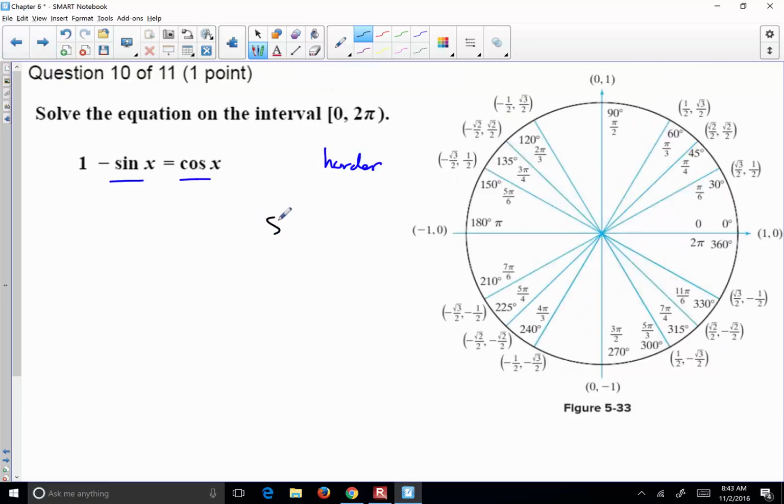So don't even dream about using this identity, because this identity is for squares, and I don't have squares around sine or cosine. I wish one of them had one. If you don't have a square, can you create a square?